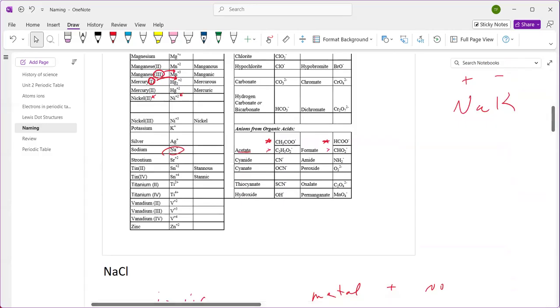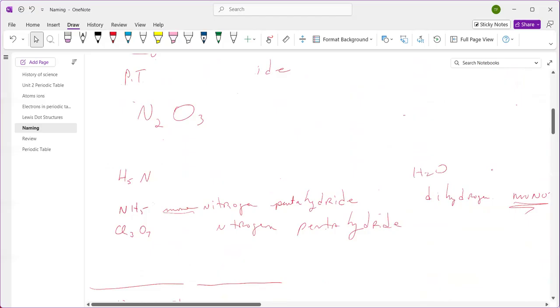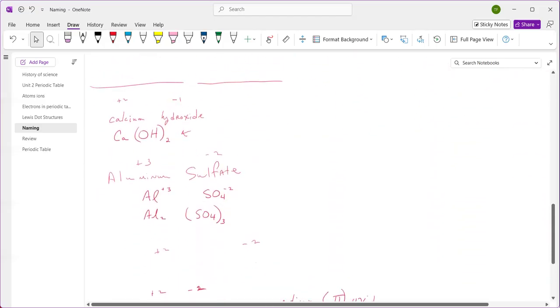But it can just as easily exist as Ag plus 2, plus 3, plus 4. It's because the Ag plus 1 is very, very stable. The others are doable, but not all that stable. So the uncommon ones are not on this list. Most metals can form multiple charges. So if you see something like this, and you'll see this on your dry lab, actually.